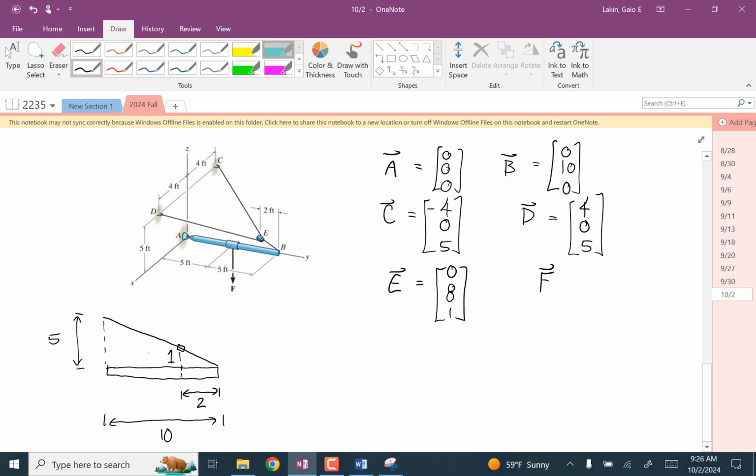That's just going to be 0, 5, 0. And the idea with that pulley is that that's the same cable that goes from D to E to C. And so that tension is going to be the same the whole way. So that's only going to give us one variable, but that single tension is going to apply 2 different force vectors to that pulley.